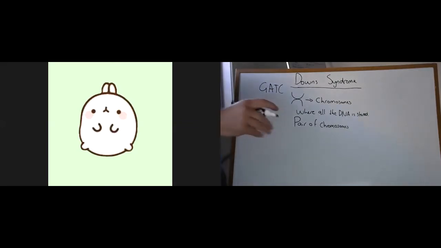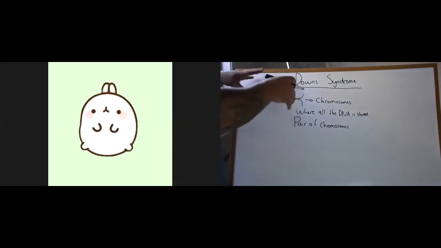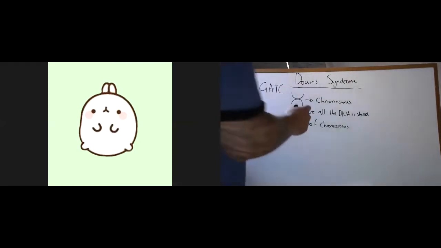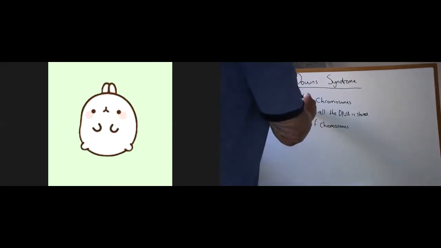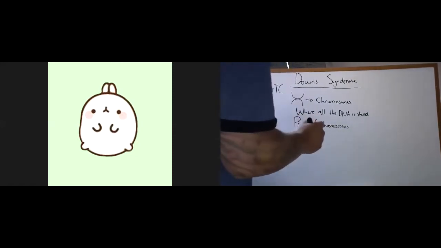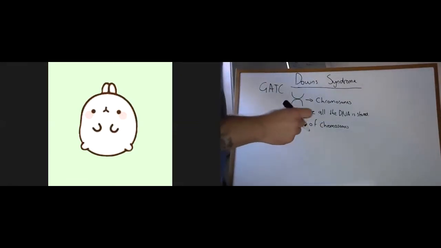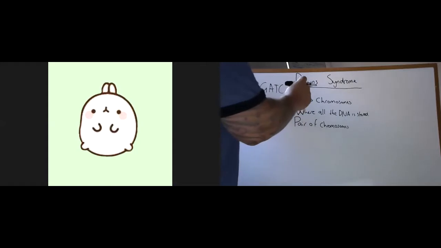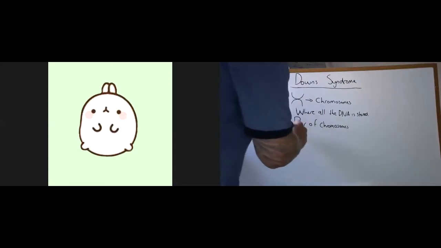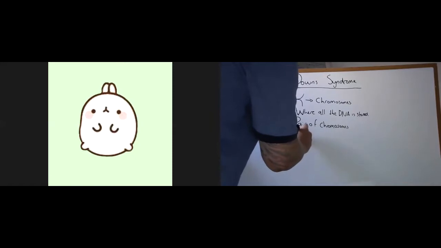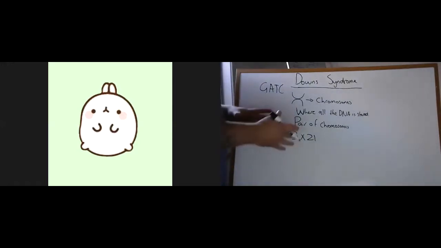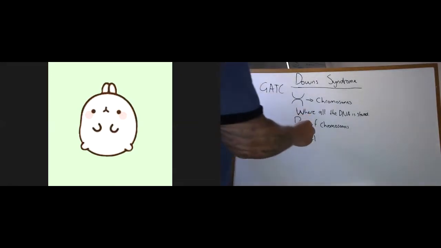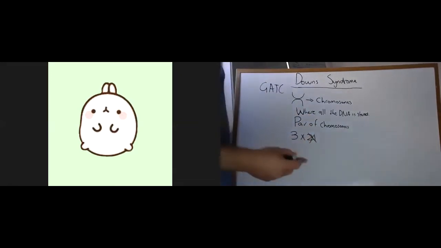So Down syndrome is a different kind of genetic disease than sickle cell anemia. It's caused by three copies of chromosome 21. People that suffer from Down syndrome don't have all of the genes on a whole chromosome working.